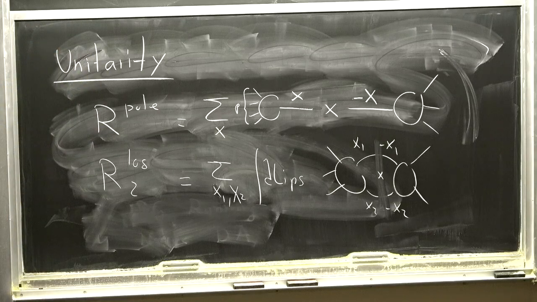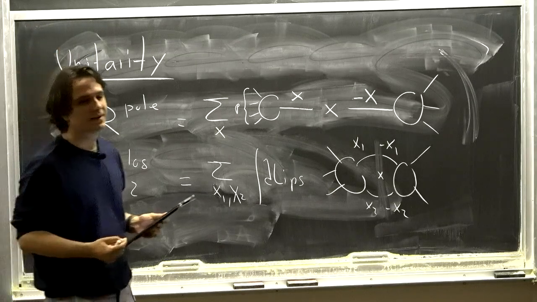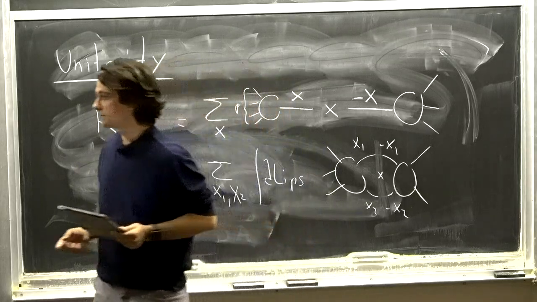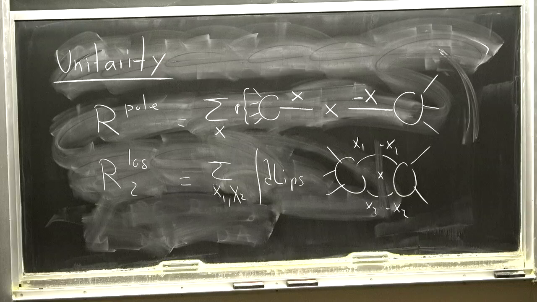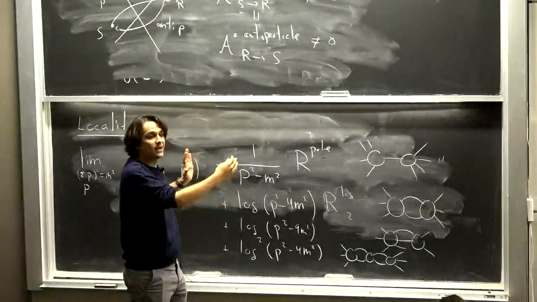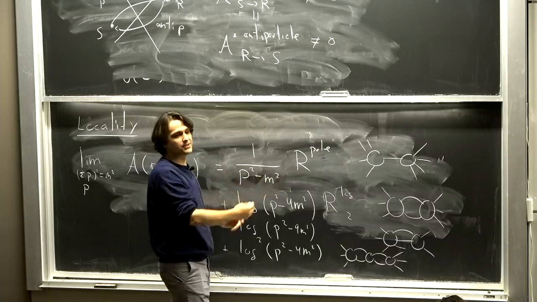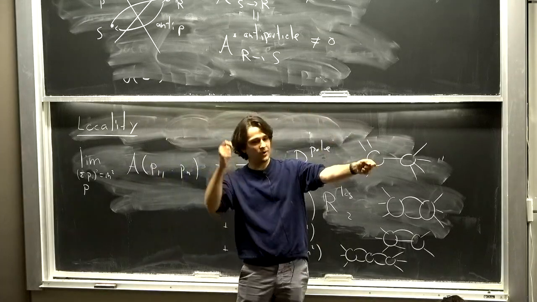Yeah? I did not understand how you got from locality to singularities in amplitudes. So, yeah, the question is, I didn't understand how you got to singularities in the amplitude from locality. Okay? Just trying to give you an intuitive picture, right? Of course, if you take a local Lagrangian, this thing will just be a propagator that appears, and it tells you that you have a particle propagating from point 1 to point 2.